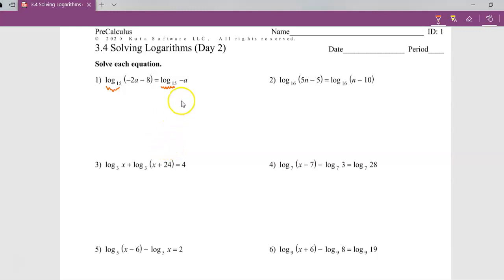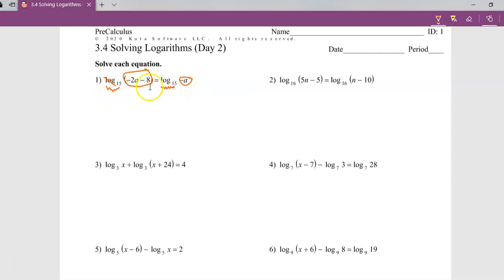Because both sides of the equation are equal except for what's inside of each log, in order for log base 15 of this stuff to equal log base 15 of this stuff, this stuff would have to equal this stuff. So really the logs here I can just drop because there's one on each side. There's nothing else going on outside of the log, and they're both base 15.